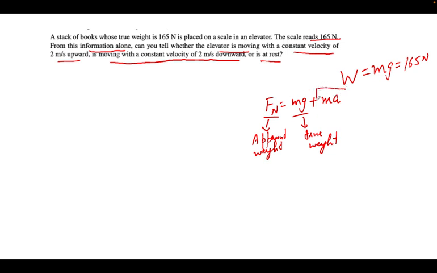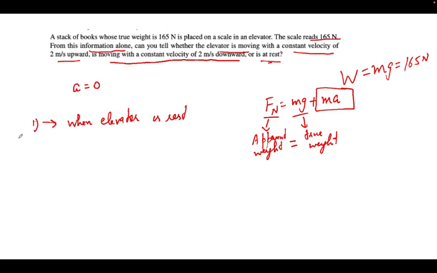We need to find the value of the acceleration, but since the apparent weight is equal to the true weight, it means that the acceleration in this scenario is 0. Now, when can acceleration be 0? Acceleration can be 0 when the body is at rest.